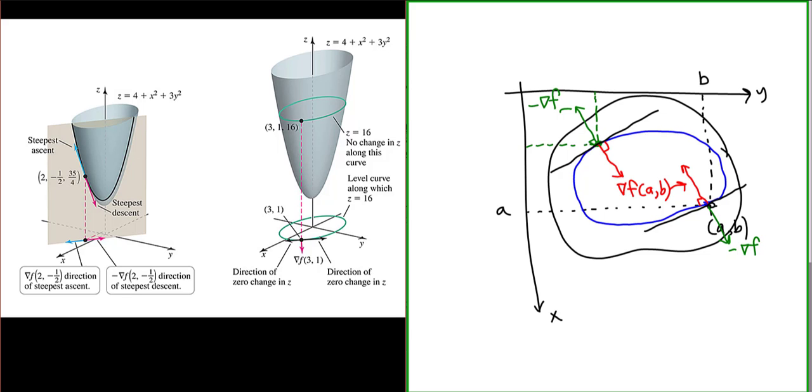And if you were to evaluate the negative of the gradient of our function at that point, you would get the direction of steepest descent.